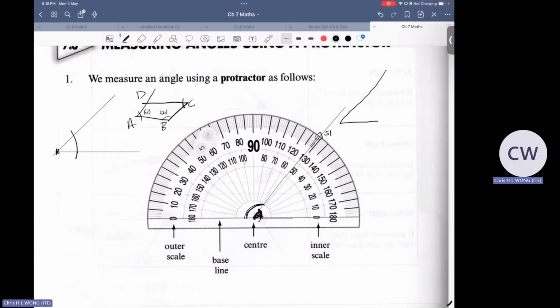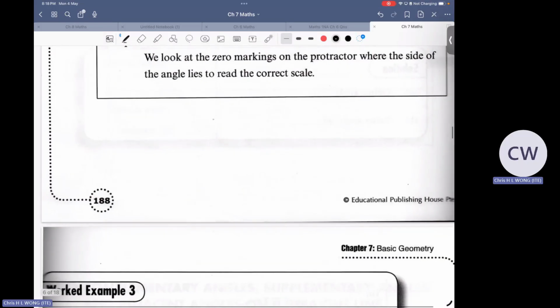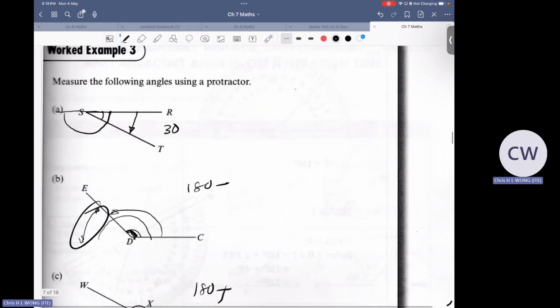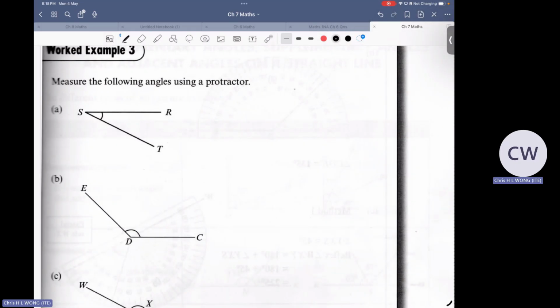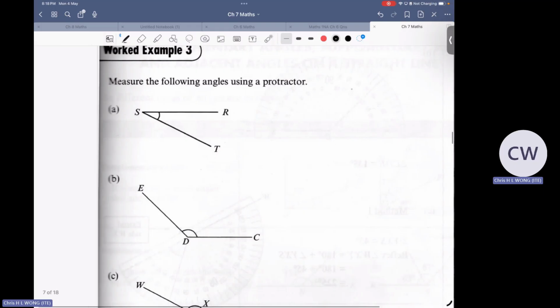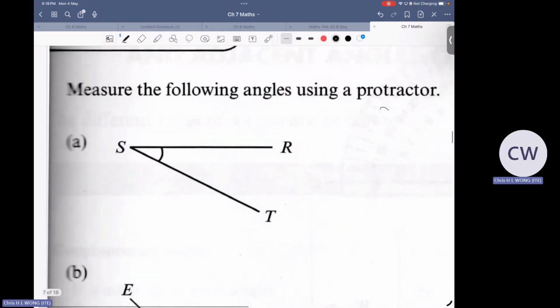But never come out before. But please bring. This one teaches you how to measure. I won't bother, you know already. If I ask you to measure RST, of course you put the protractor the other way around. They say measure the following angle using a protractor, so you will have to use it.